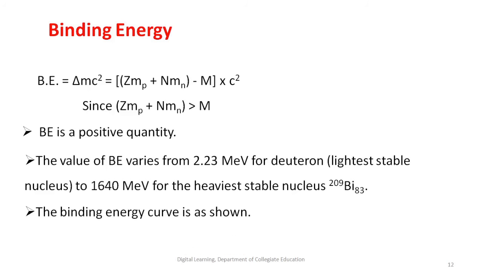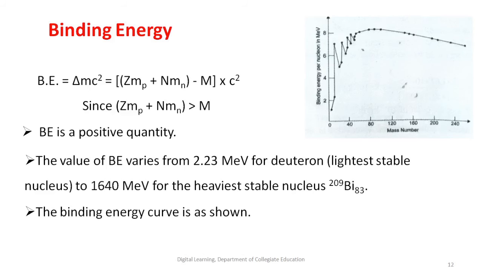So the binding energy curve is represented like this. Along y-axis we represent the binding energy per nucleon in mega electron volt and mass number along x-axis.